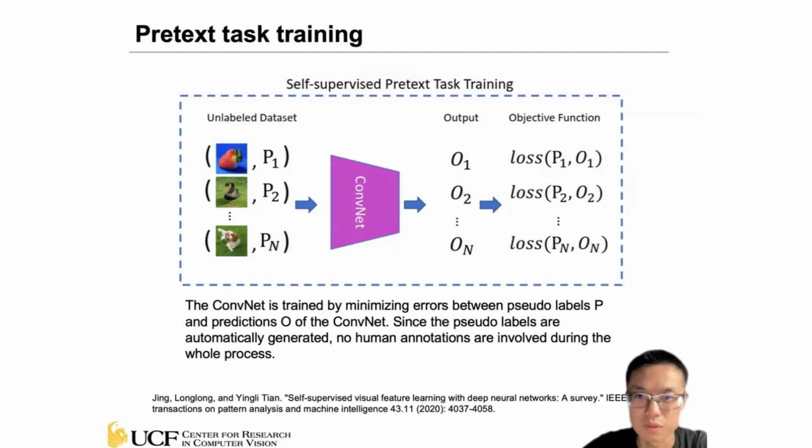You generate an output, compare it with the pseudo labels P1 to Pn, and compute the loss. If this is a classification task, you can use the cross entropy loss to guide the training or optimization of the network.